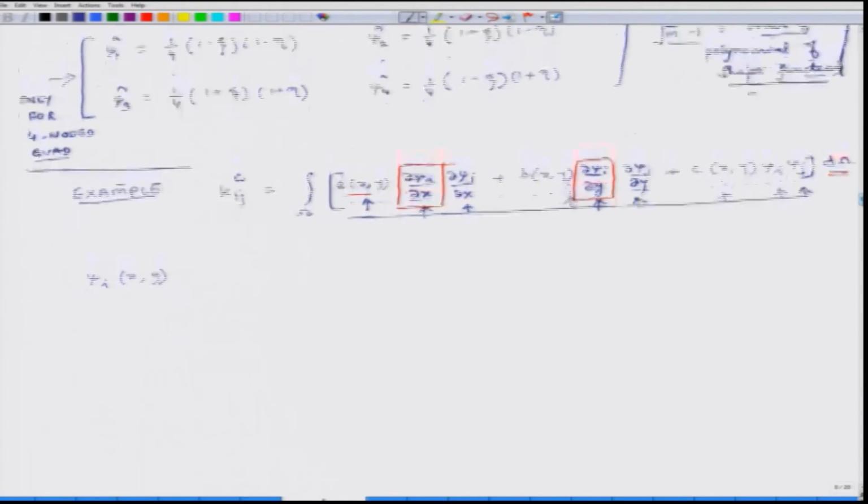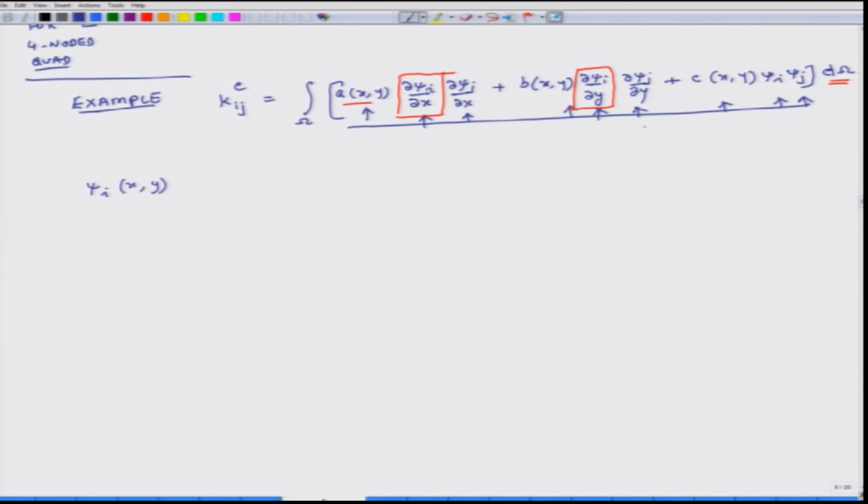Psi represents the approximation function associated with u. Okay. So, we can write it as psi I, and x itself is a function of these, and y also is a function of these parameters.